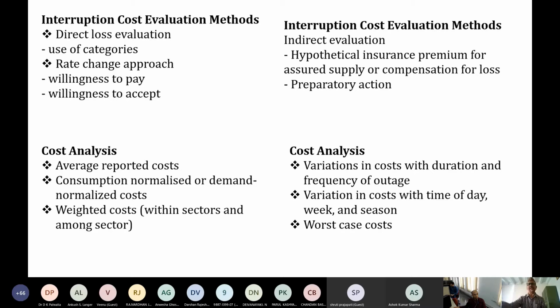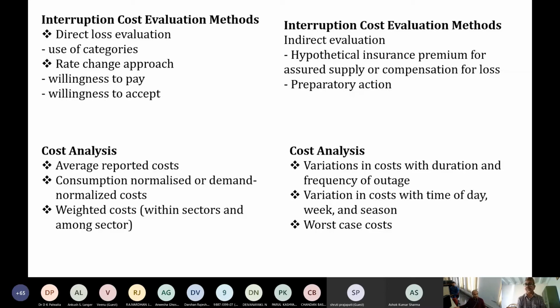So if an interruption occurs at that time, the cost will be high. Similarly, for a commercial entity, if the interruption occurs during the peak time of their commercial activity, which is usually in the evening, again the cost will be high.